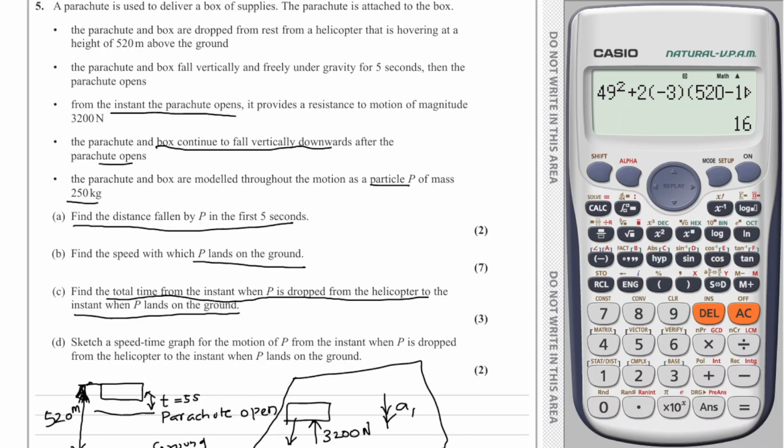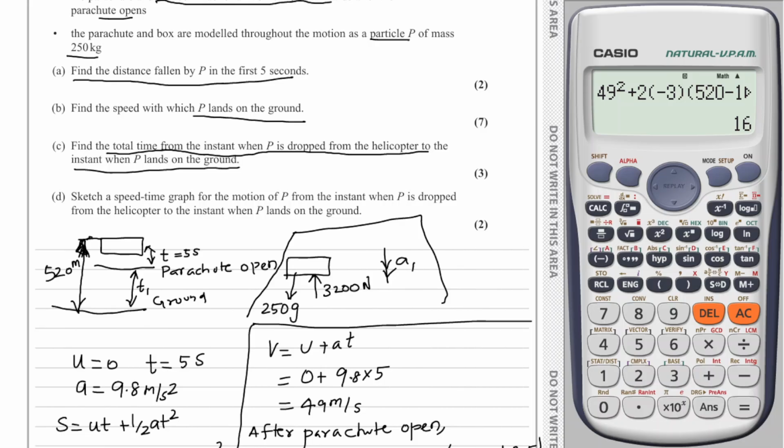Already they mention when it left the helicopter and before opening the parachute, the time taken is 5 seconds. Then we need to calculate the time after the parachute opens until it reaches the ground. That is T1 we need to calculate.